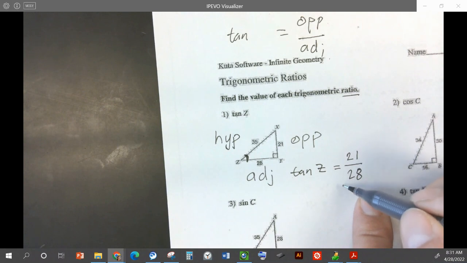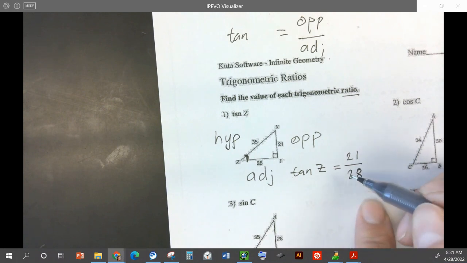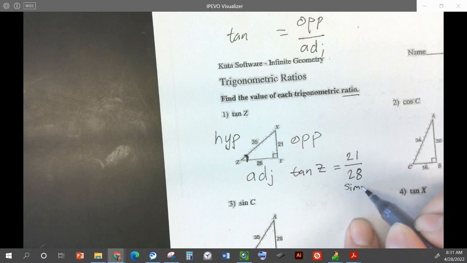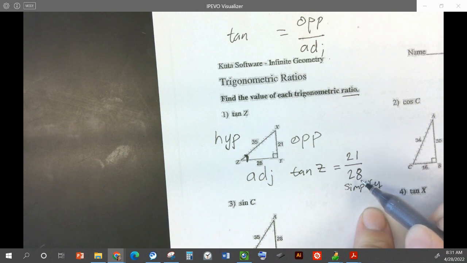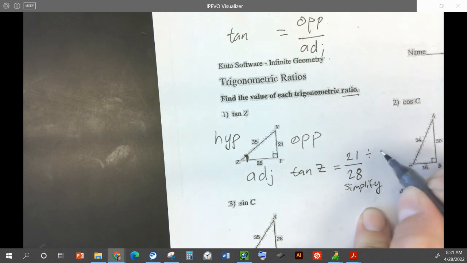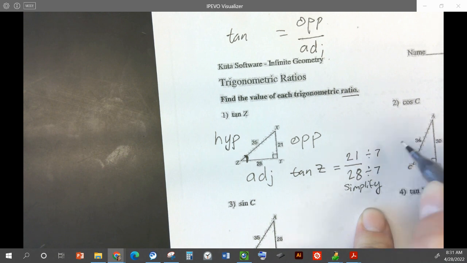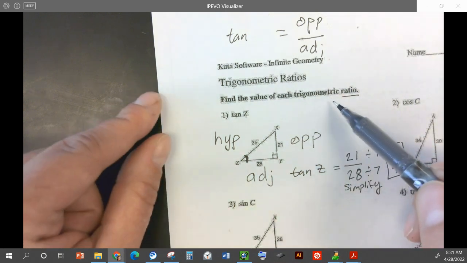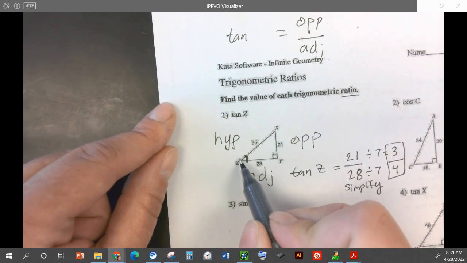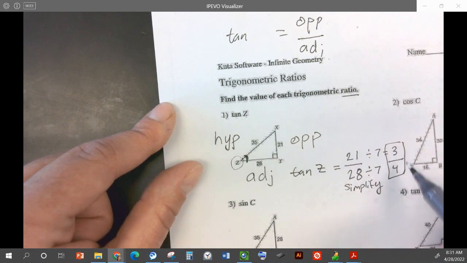We have a fraction, but we need to simplify our fraction, okay? Is there something we can divide 21 by and also 28 by? Good, 7. So I'm going to divide both the top and the bottom by 7. So 21 divided by 7 is 3. 28 divided by 7 is 4. And now this is simplified. So our trigonometric ratio for tangent of z is 3/4.